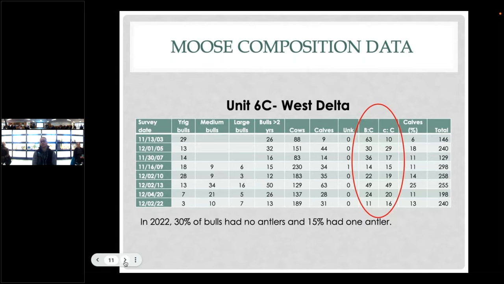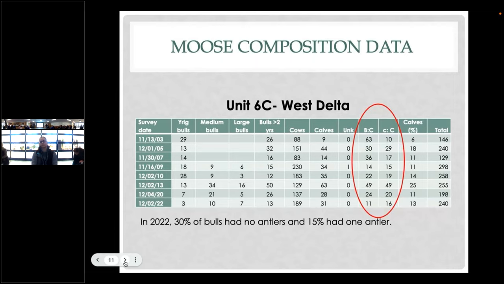And the fact that this calf-cow number was low suggests that I was misclassifying bulls as cows. So it's going to be in my future to look at this area sooner rather than later again, and hopefully the antler drop won't be as bad. The total number of animals I saw was great. 240 moose is a good sample for classification, but for some reason the moose dropped their antlers earlier this year.